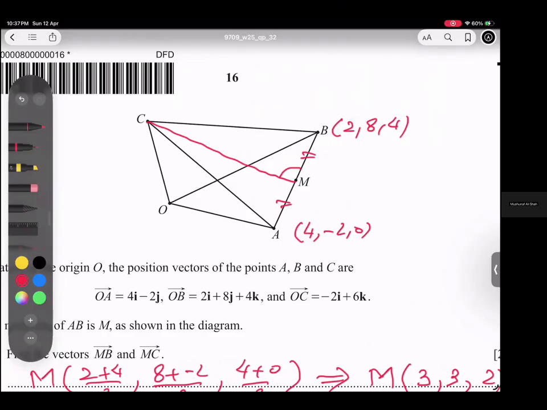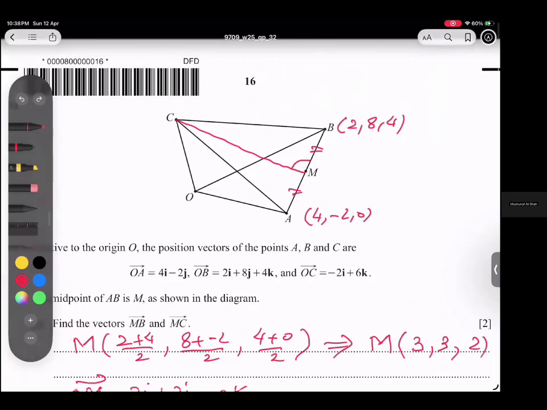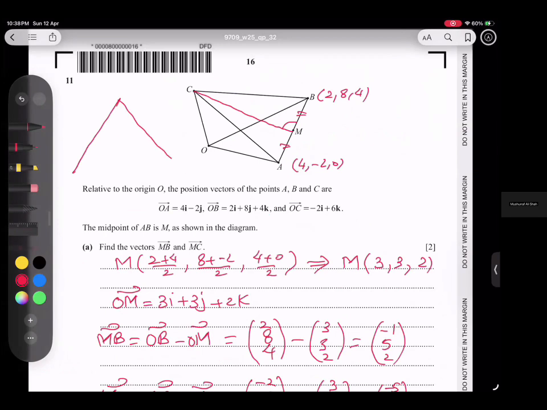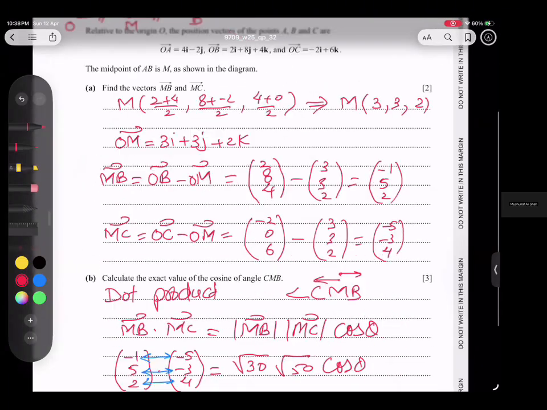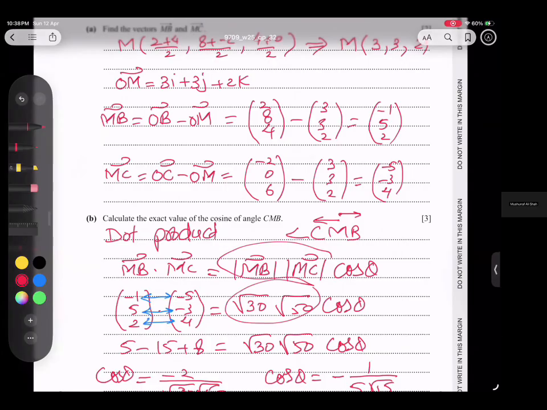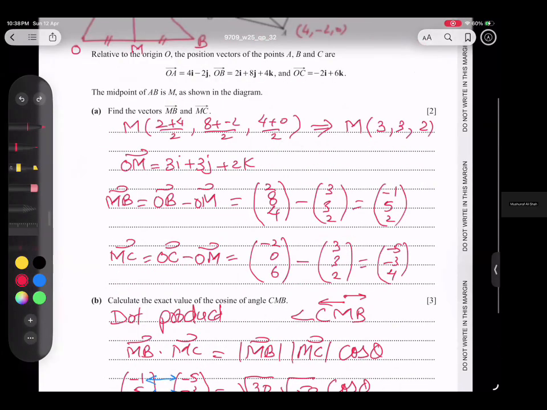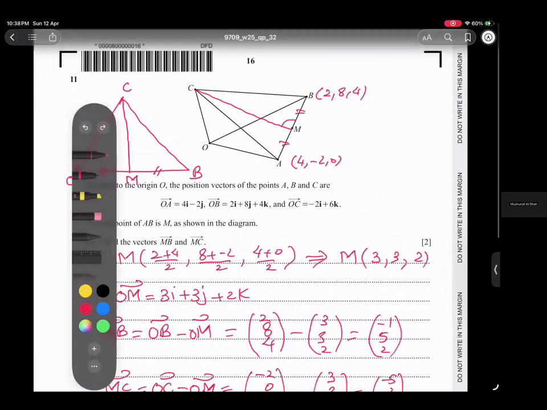Very interesting. This diagram ABC I'm going to make on the next page. The best idea is I label it, or make it here again, so this makes the question easier to understand. This line here is slightly bent. You can say this double cut and this double cut, this letter M, this letter C, this letter B, and this letter O. We already have MB and MC distances, root 30 and root 50.